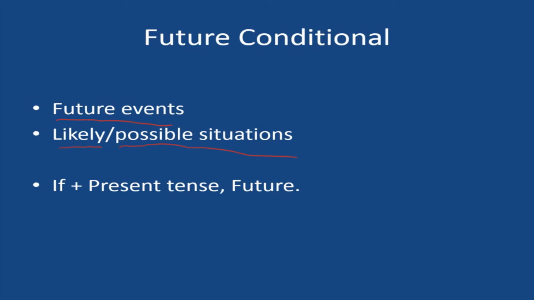But for future conditionals, we have if plus a present tense and then a future tense. When I say a present tense, it could be present simple, or maybe present progressive, or present perfect. And for future, it could be future simple or future progressive.